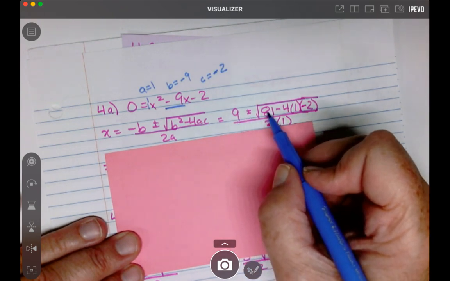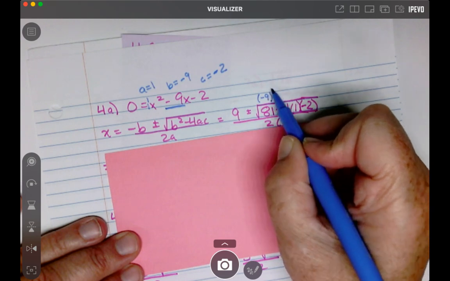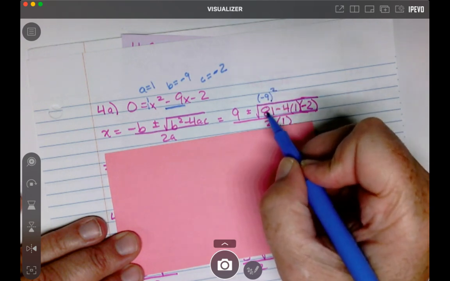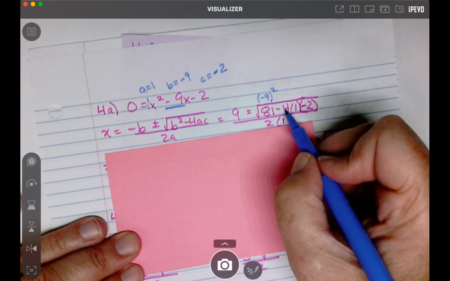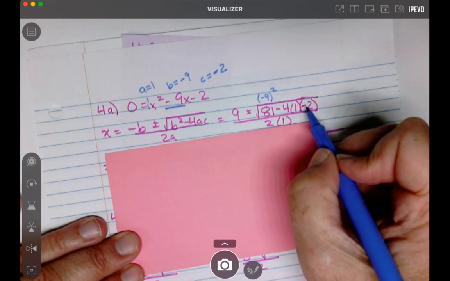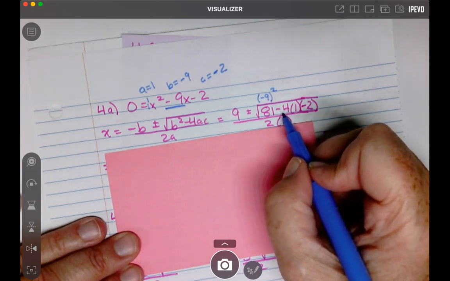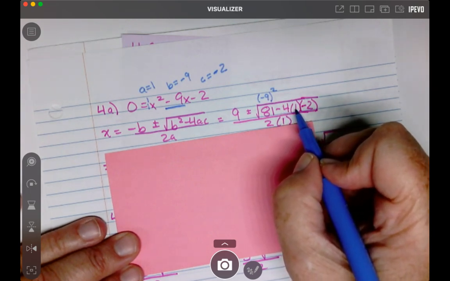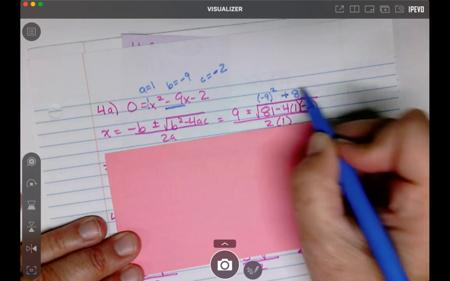Plus or minus, square root. And by the way, if you square -9, you get +81. If you square any number, you get a positive. Minus 4 times A times C, which is a -2. Well, -4 times 1 is -4. -4 times -2 is +8.